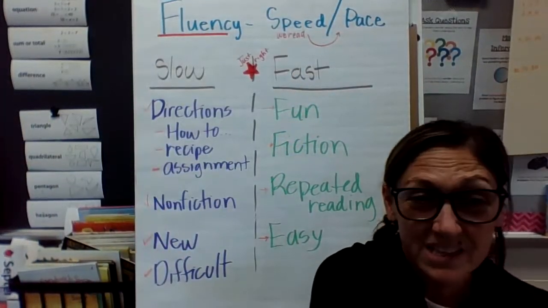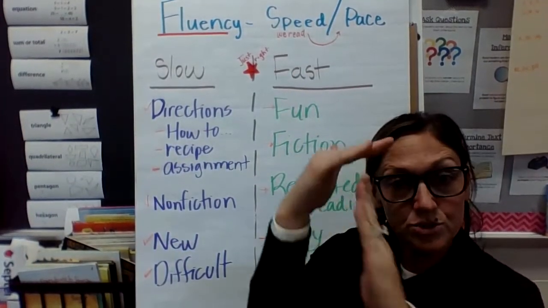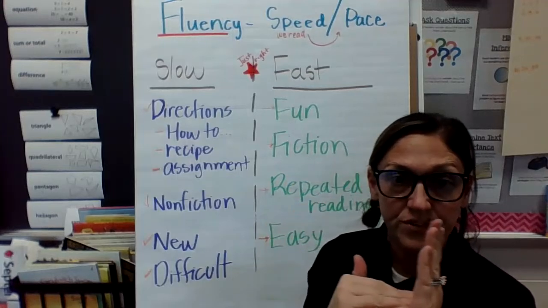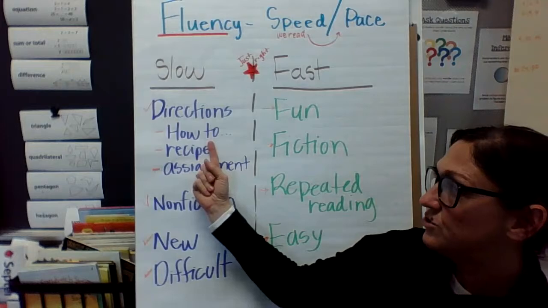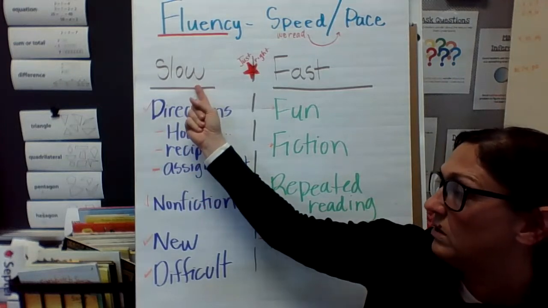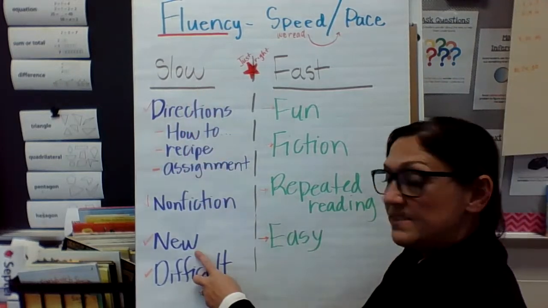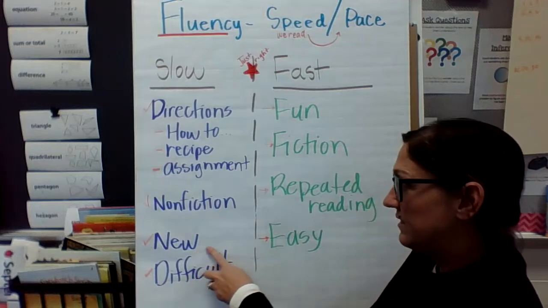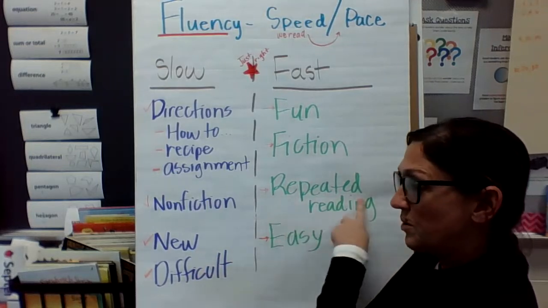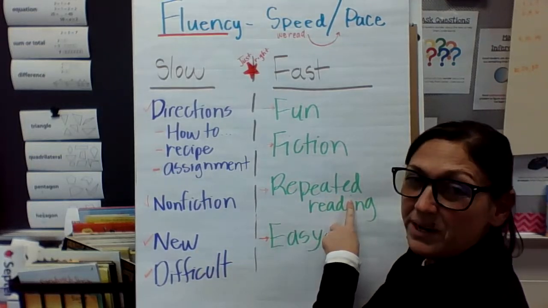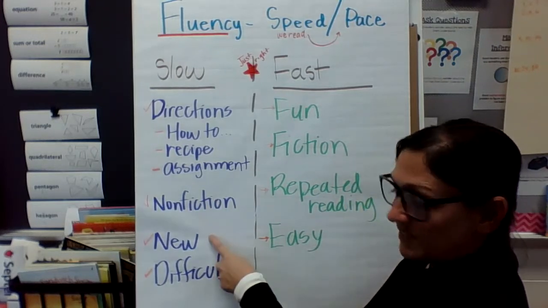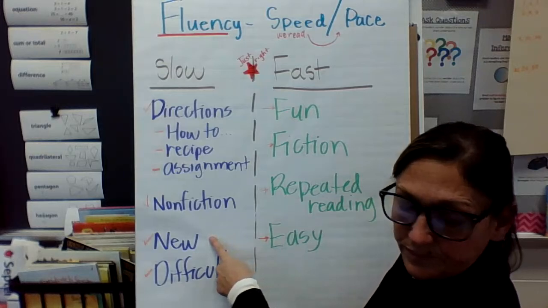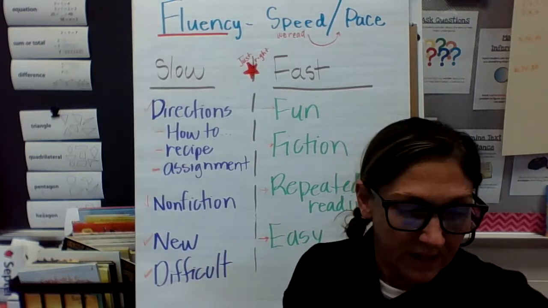So I need to read this slowly so that I do every single step to make sure that I don't miss anything. This is directions, how to teach reading. I'm going to need to go slow. However, it's not new to me. I've been teaching the same reading for a while, so it's repeated reading. But it's always been 1 year since I taught the same lesson, so it seems like it's new every year. I'm going to go slow.